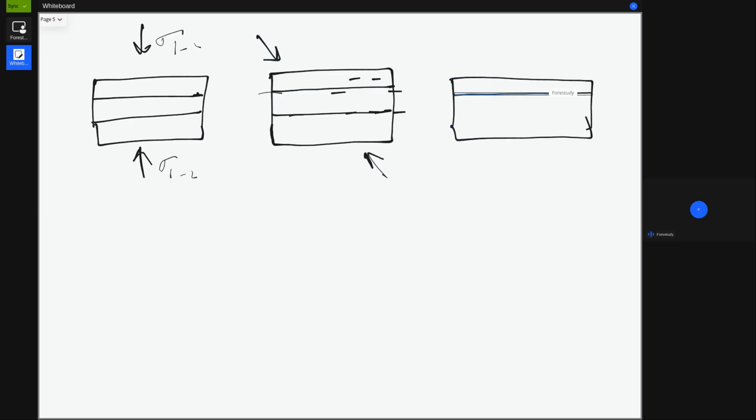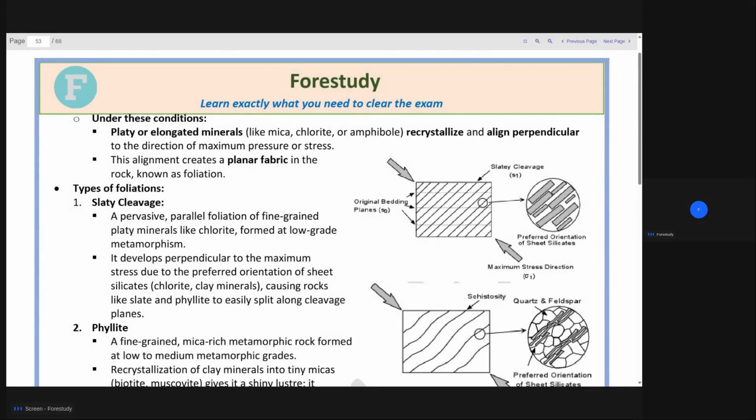We will have a rock like this, but the schistosity will be at an angle to the bedding plane. This can also happen. Always remember, the schistosity that forms will always be perpendicular to the differential stress.